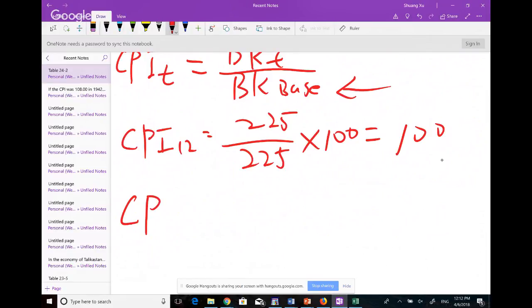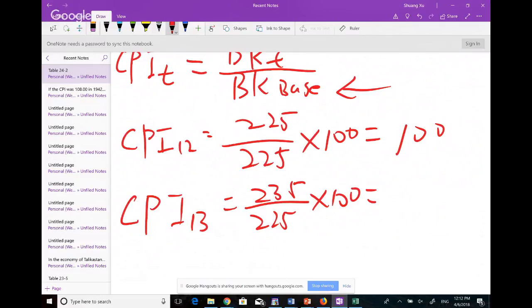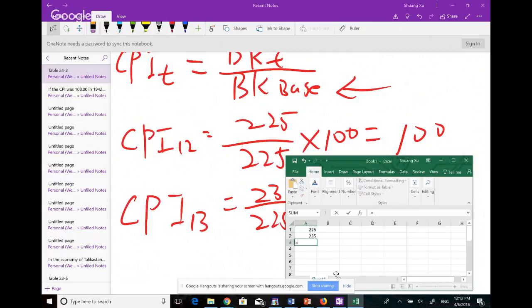So for 2013, I'm going to do 235, the basket value for 2013, divided by 225 and times 100. Let's see how much this is: 235 divided by 225 times 100.